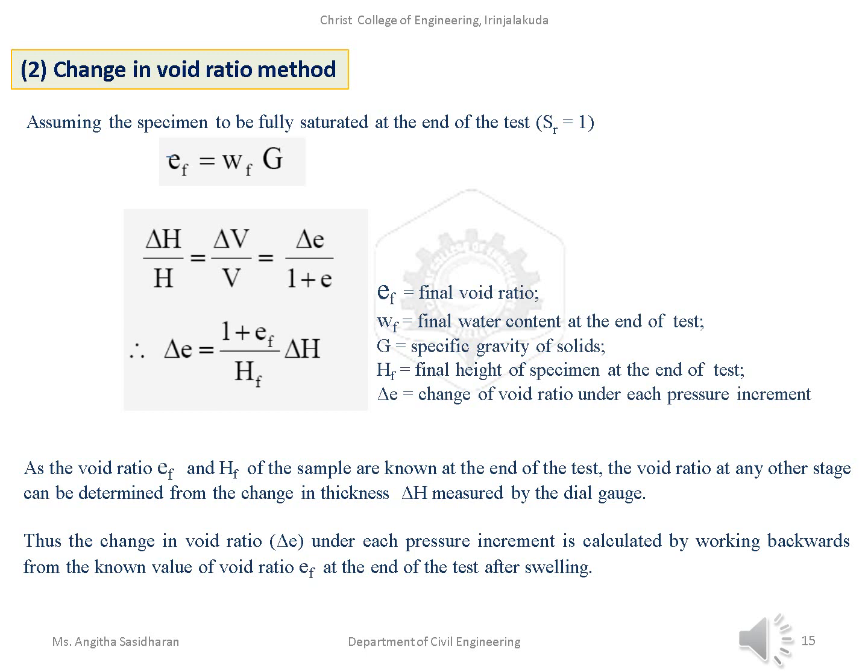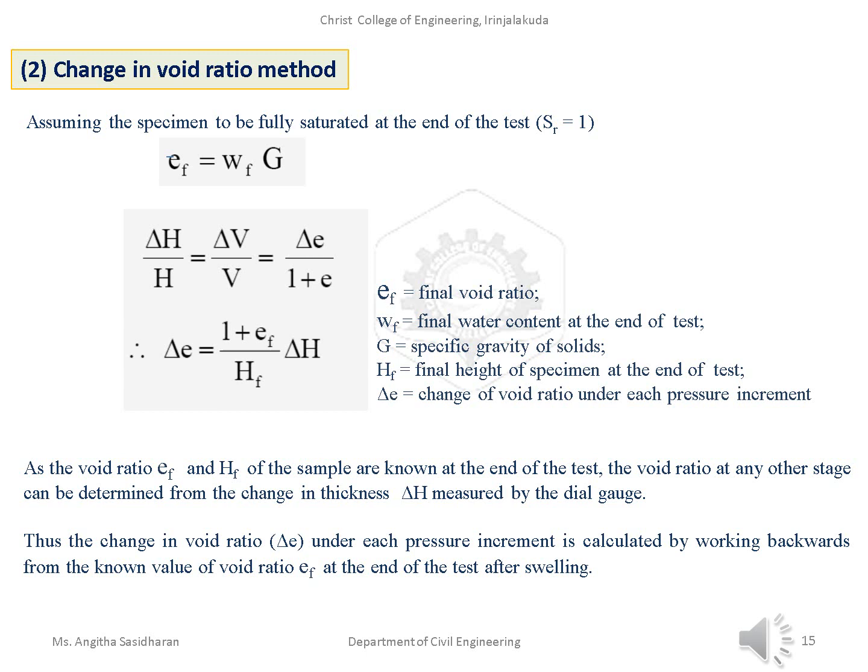Considering delta H by H equal to delta V by V, which is equal to delta e divided by 1 plus e, we can write delta e equal to (1 plus e_f) divided by H_f into delta H, where e_f and H_f are the corresponding values at the end of the test.